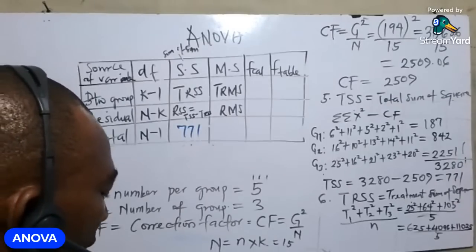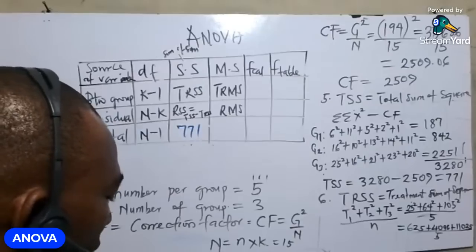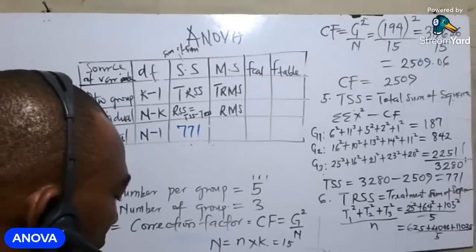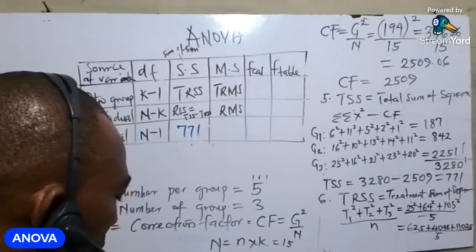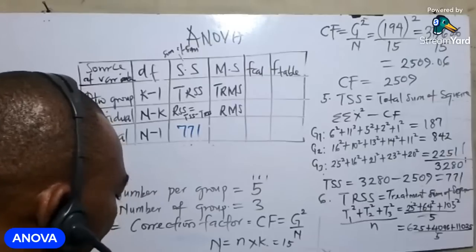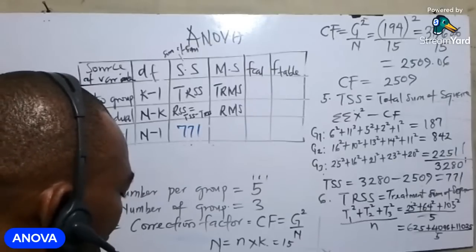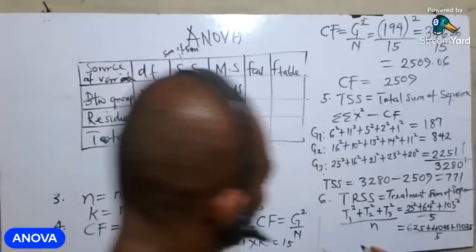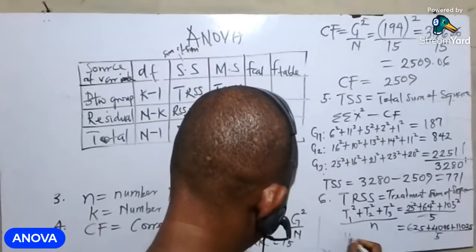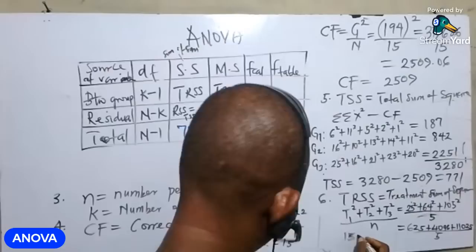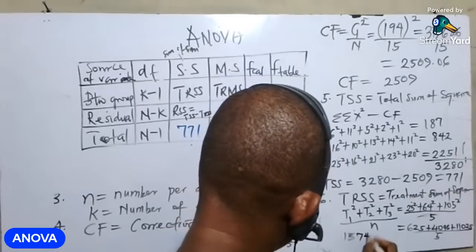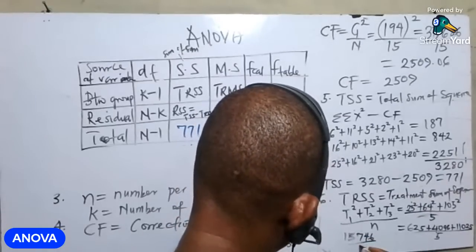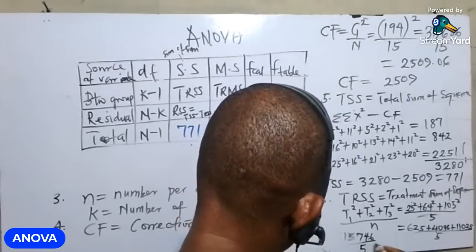So that will give me 15,746. So 15,746 is to be divided by 5.